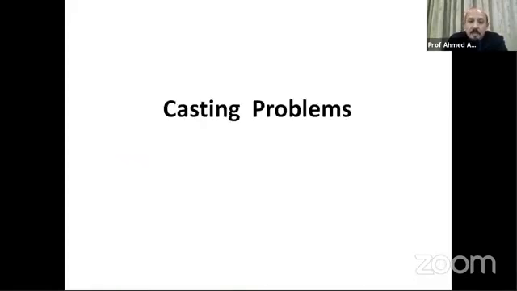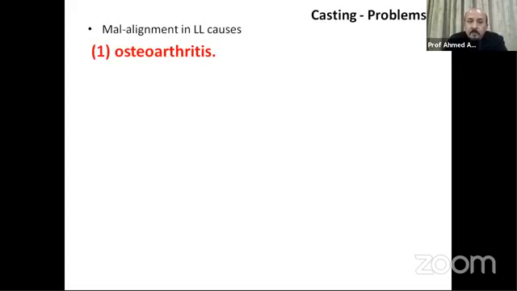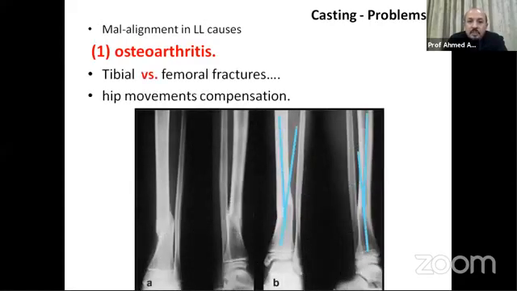We have some casting problems. Generally, malalignment in the lower limb causes osteoarthritis, but this is common with tibial fractures. With the tibia, we have the knee, a modified hinge joint, and the ankle, a hinge joint. These two joints can't tolerate angulations, so osteoarthritis could be the result.